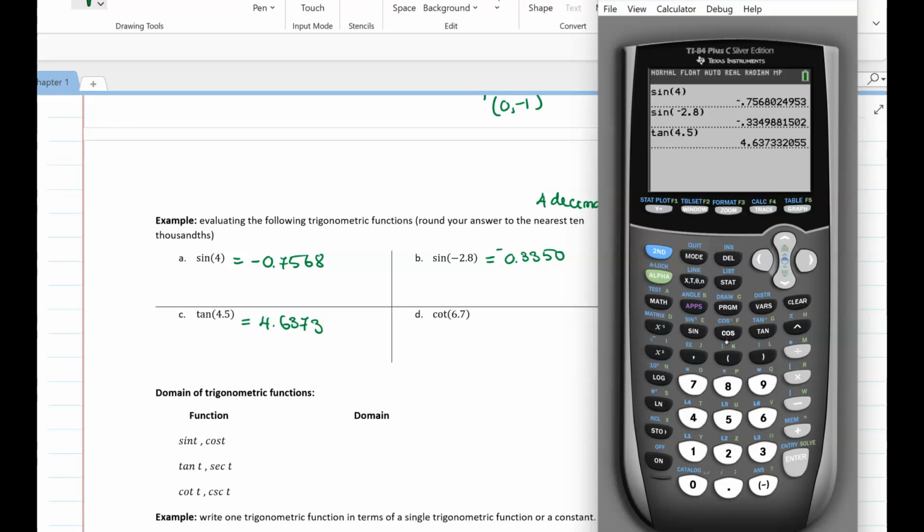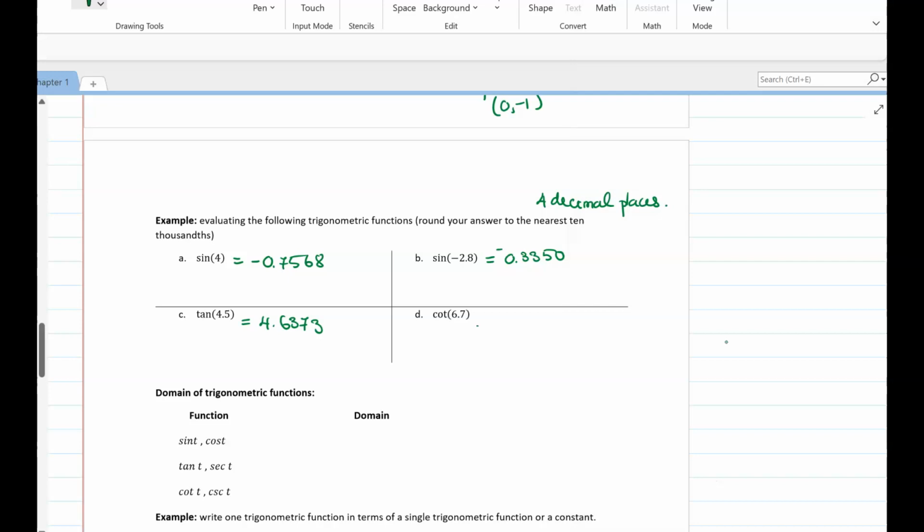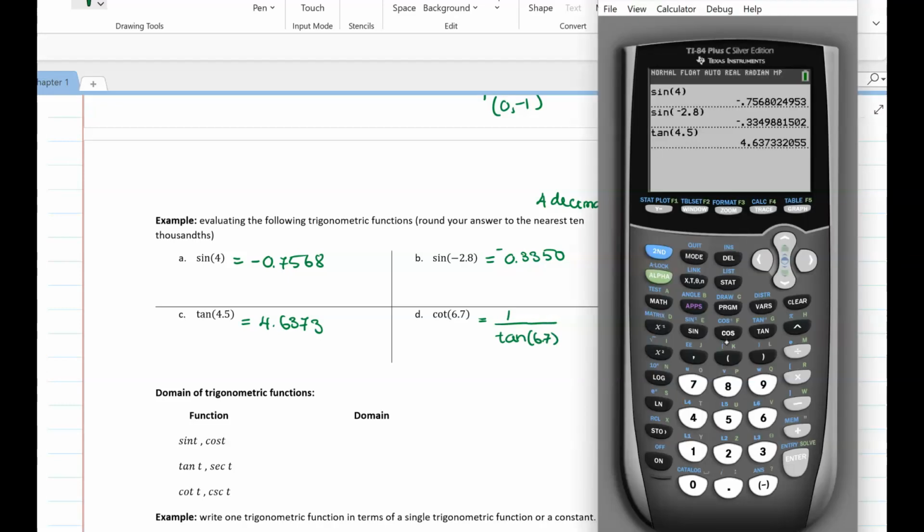Now, remember the fundamental identity that says cotangent is 1 over tangent. So I can find this value as 1 over tangent of 6.7. We have to be very careful putting this into the calculator and make sure we have all the parentheses appropriately. So 1 divided by tangent of 6.7, close the parenthesis, and that is 2.2586.